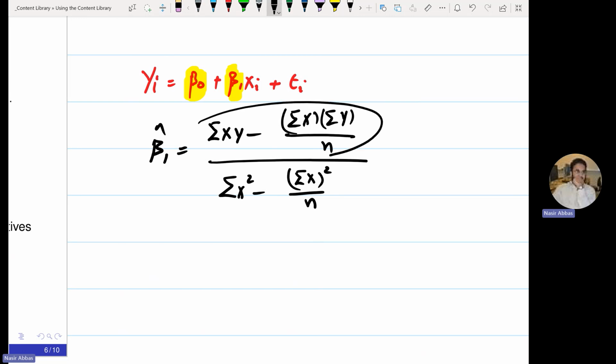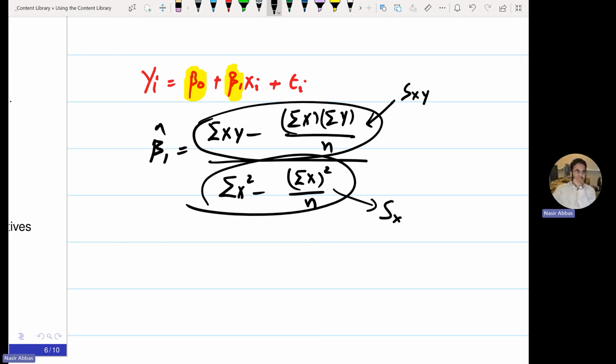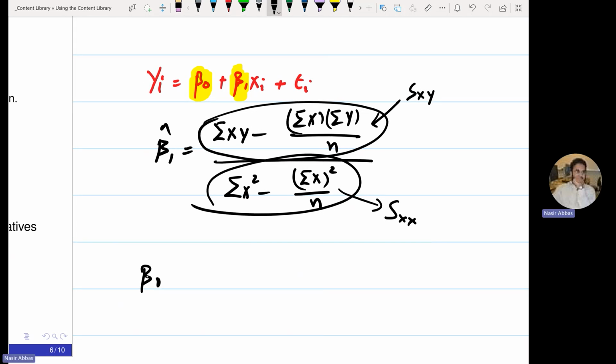This guy is called SXY. You will see this notation in the slides, and this guy is called SXX. Similarly, beta naught hat is Y bar minus beta 1 hat times X bar.